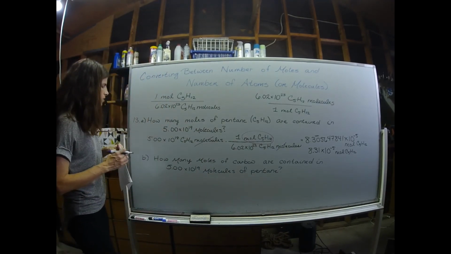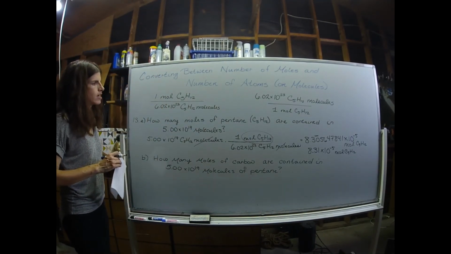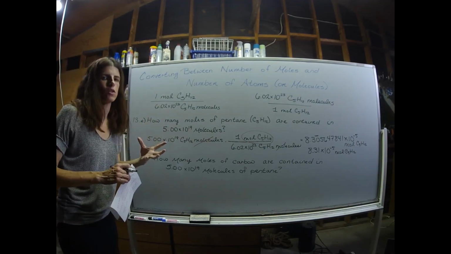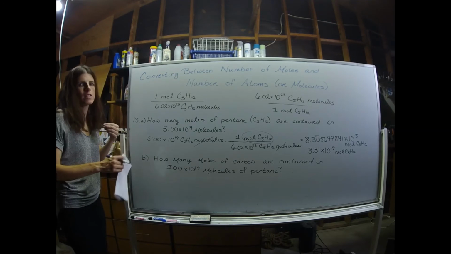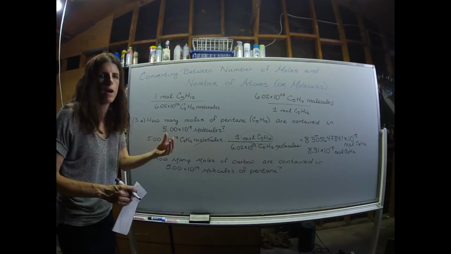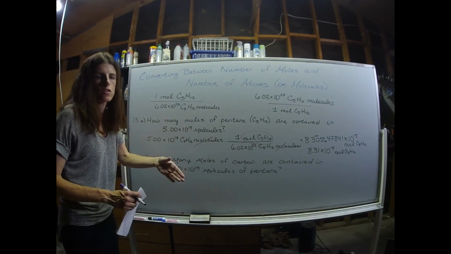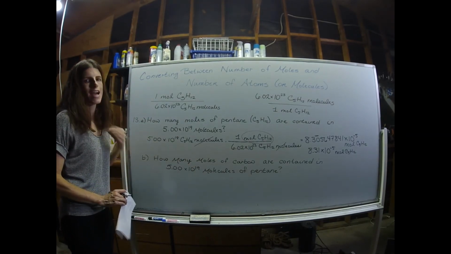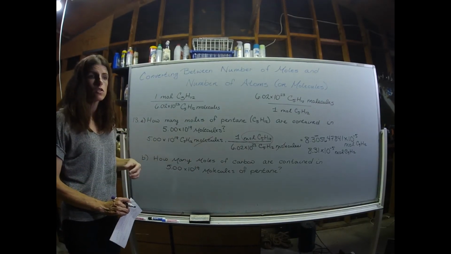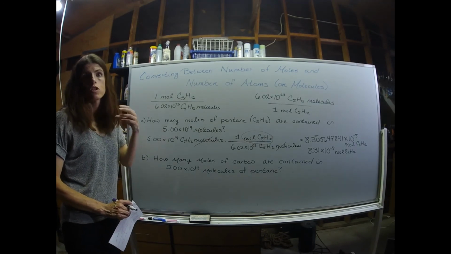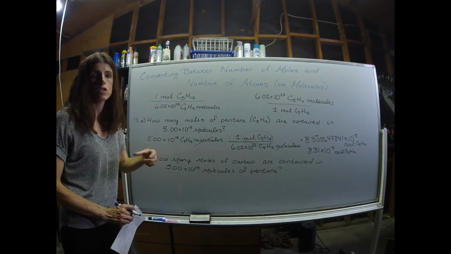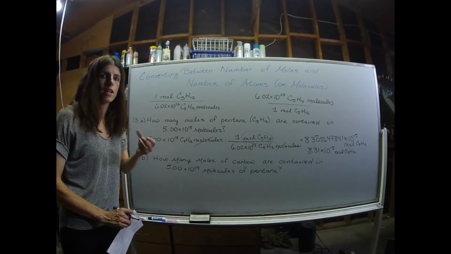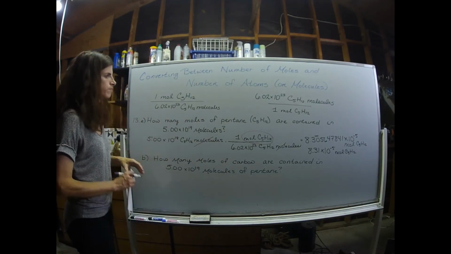A lot of times, you're asked to think about individual atoms within the molecule. The analogy for this is, I was talking earlier about a dozen sandwiches, and you say, well, that's 12 sandwiches. But if I asked you about the bread, you'd say, well, I've got to take the 12 sandwiches and multiply by 2, because each unit has 2 slices of bread.